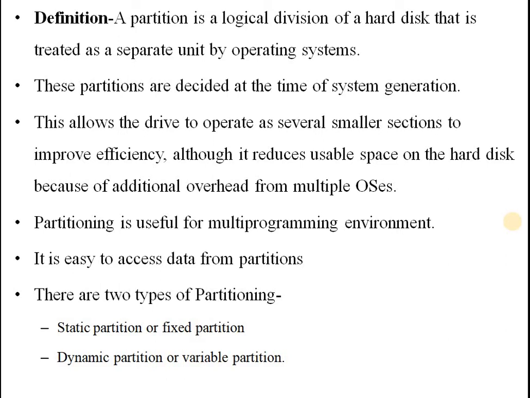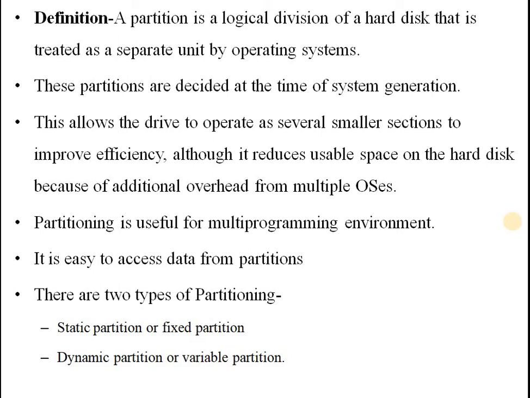In short, dividing the memory into various sections of different sizes is known as partitioning. Like when we install our operating system, we divide the entire memory into various sections like our drives: C drive, E drive, D drive. In C drive, we store all the software which is needed to run our operating system.